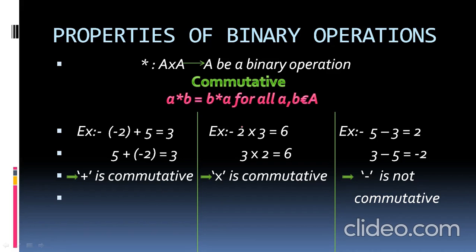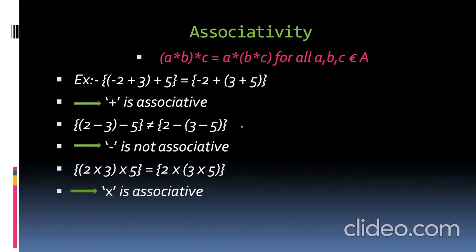Now consider the another property, that is associativity. Now associativity says if there are, let us consider, three elements A, B, C which are in set A, then associativity property says that (A star B) star C equals A star (B star C).